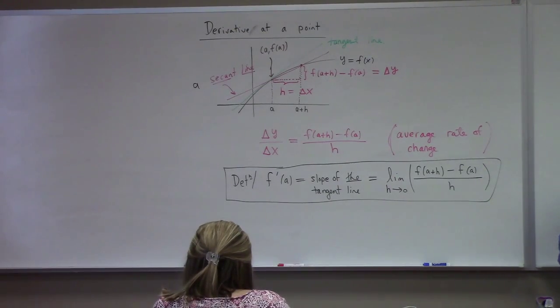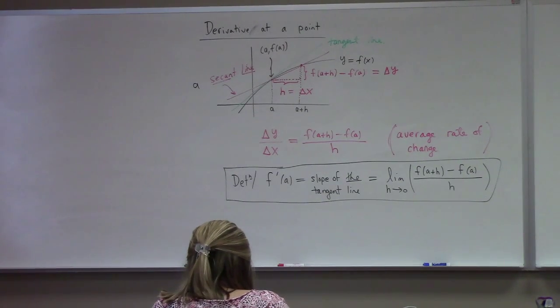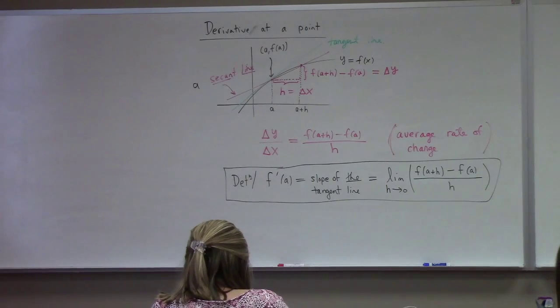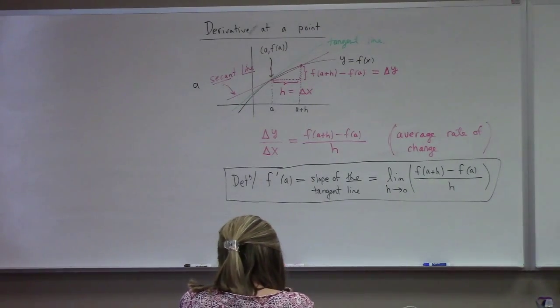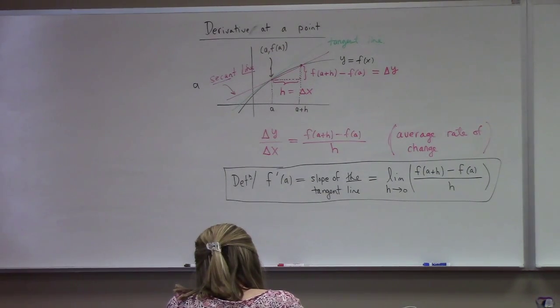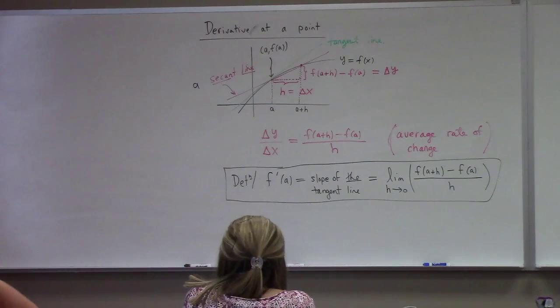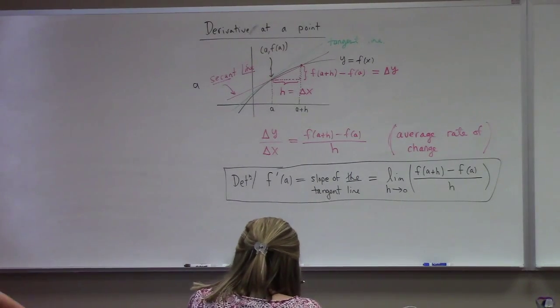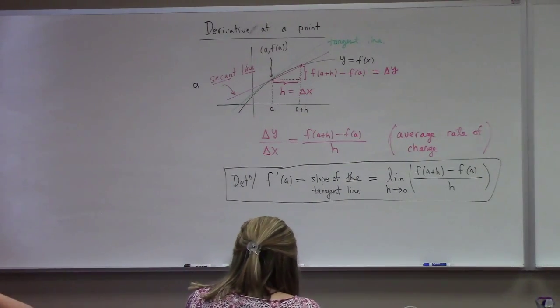And we'll get back to those shortcut formulas, but we have to understand the definition before we do that. Any questions about this? This is how your book has it presented. There's another way to write this, and I'll show you that after I do an example. Okay? Let's do an example.